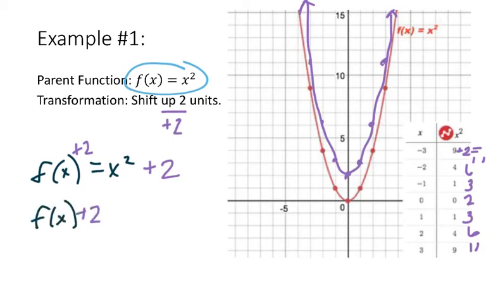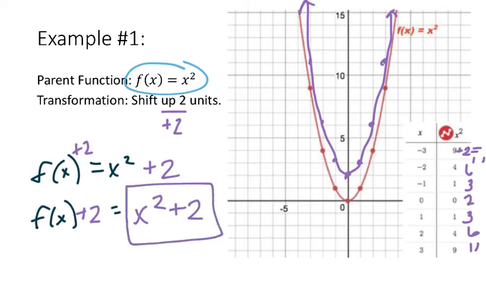But officially, if you're going to graph it, that means that you're going to be writing x squared plus 2. So it doesn't necessarily change anything that has to do with the equation itself. We add that 2 on the end, and now we have a shifted up equation.